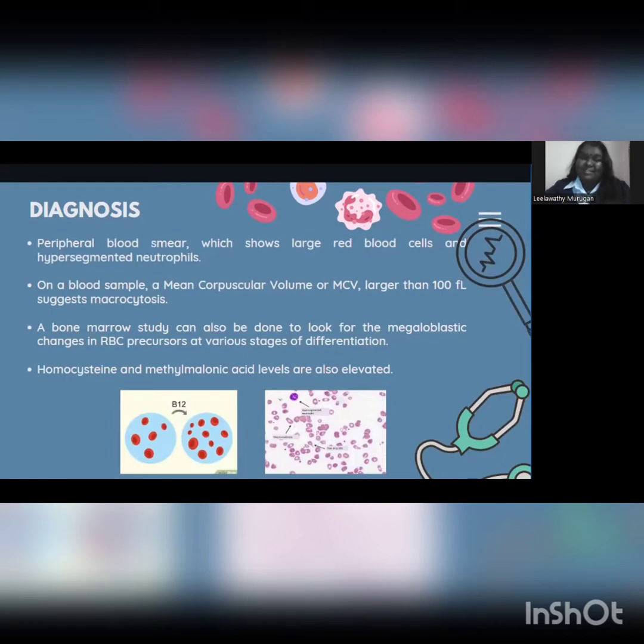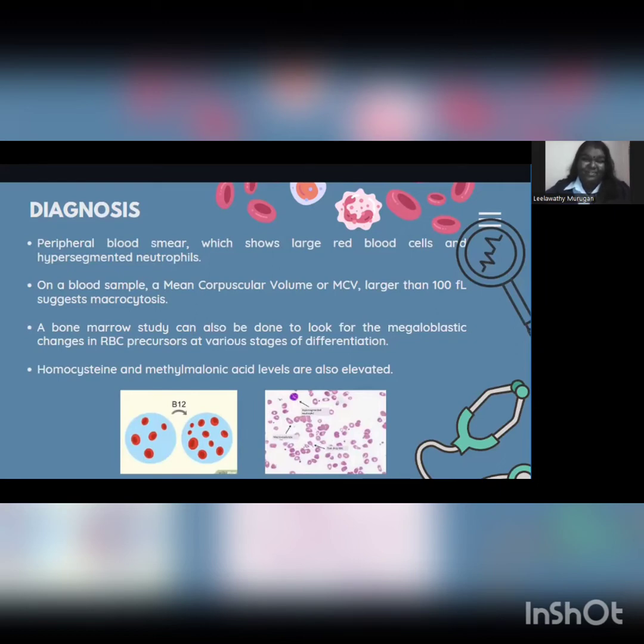Large red blood cells are also called macrocytic, where macro means large and cytic means cell. Hypersegmented neutrophils: normal neutrophils have 3 to 5 lobes, and hypersegmented neutrophils have more than 5 lobes.